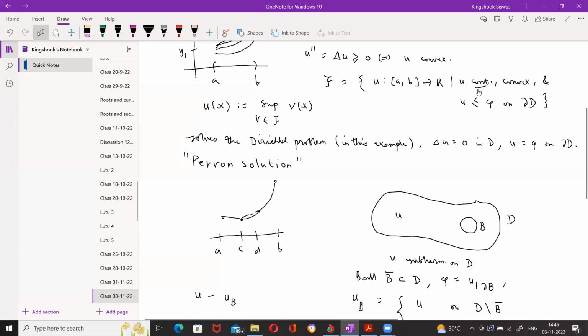In higher dimensions, you look at continuous subharmonic functions which are less than or equal to phi on the boundary of the domain. That will be the Perron family. These are called sub-solutions. Using this harmonic lifting, you can always increase a sub-solution locally.